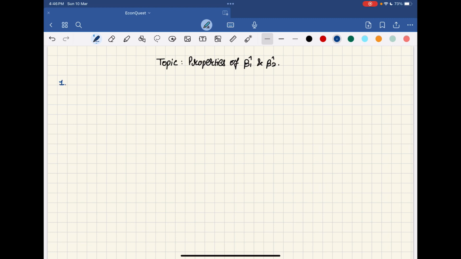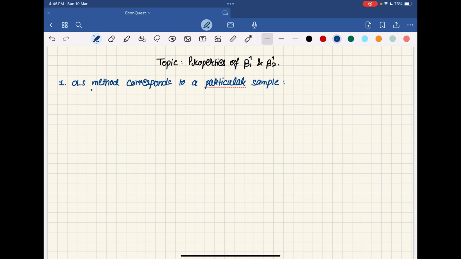First thing, as we have seen in the previous video, the OLS method corresponds to a particular sample, right?